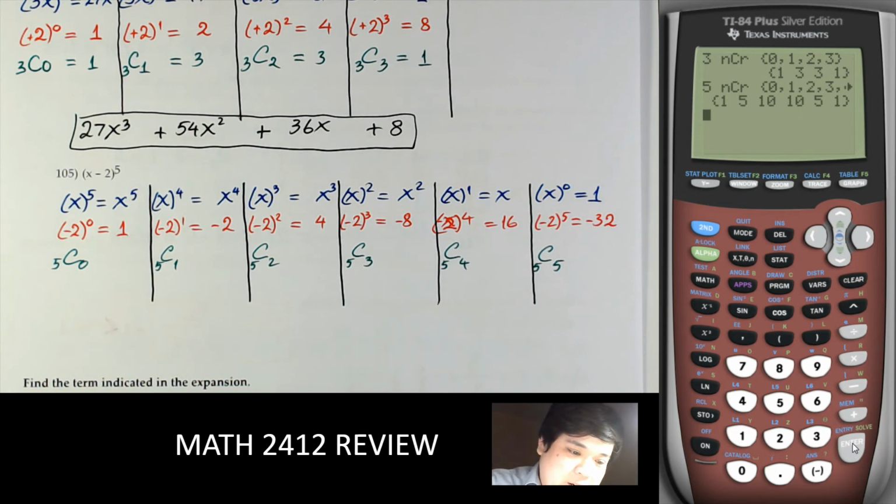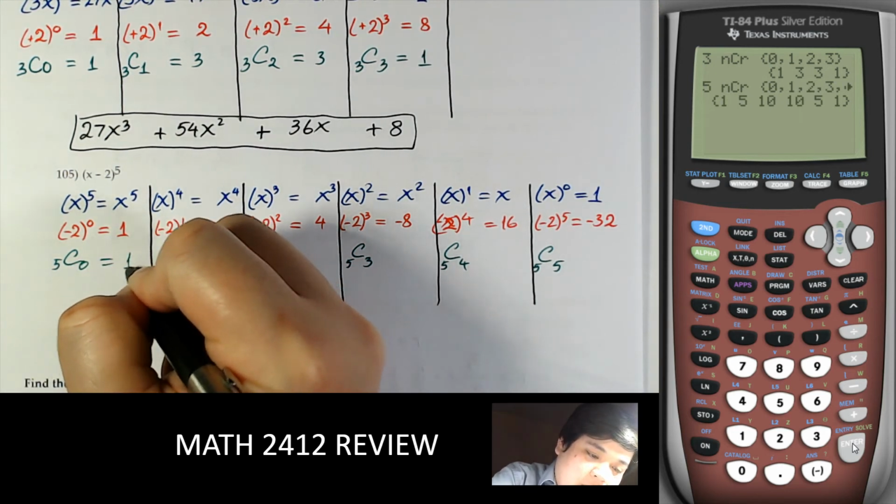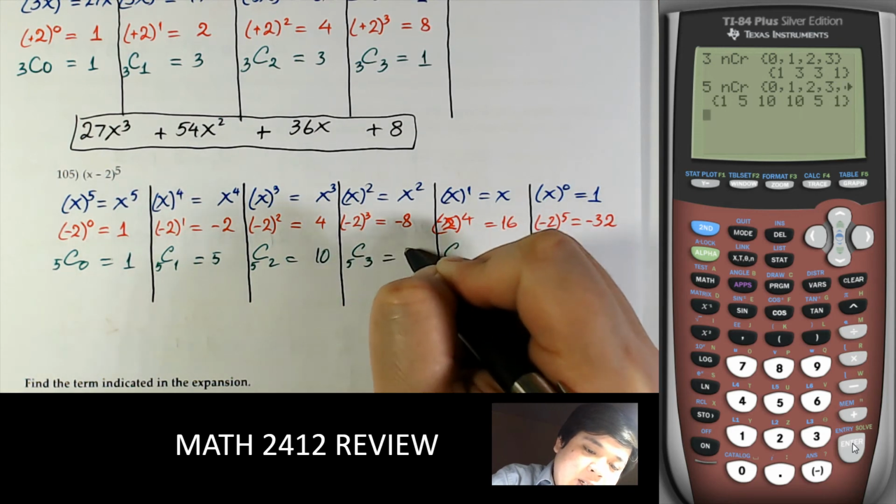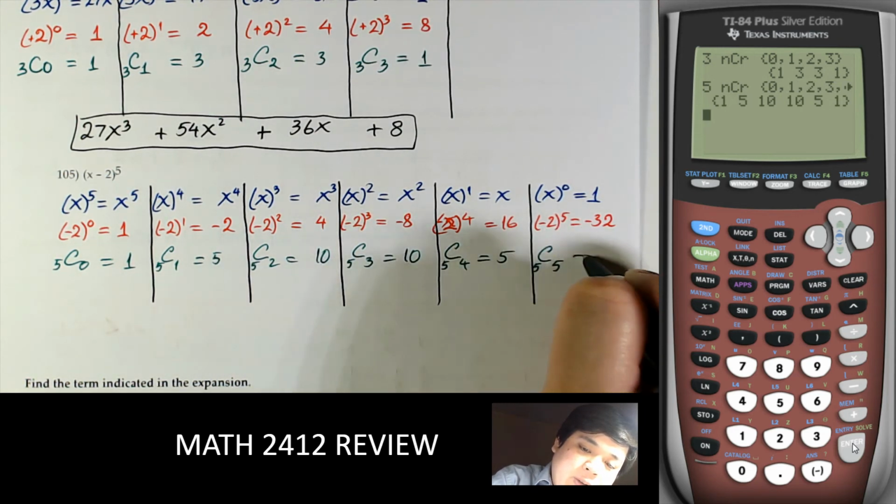So the coefficients are 1, 5, 10, 10, 5, 1.